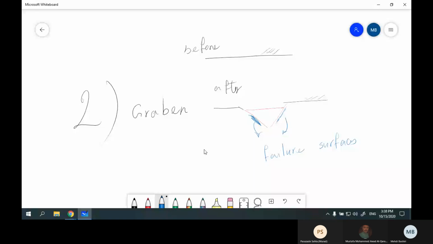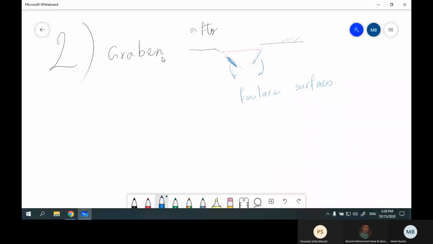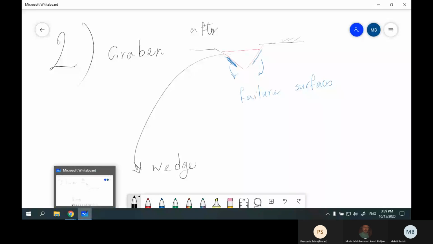But the thing about this type of failure is that the shape of this settlement, and here we have a specific type of settlement, would be like a wedge.